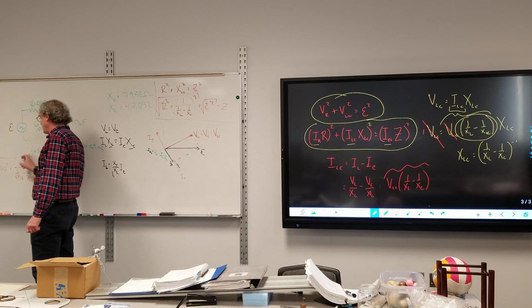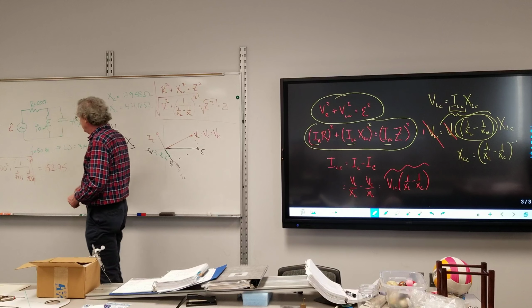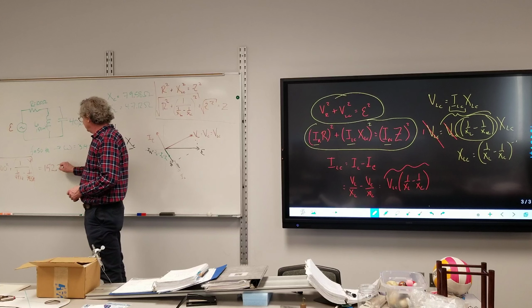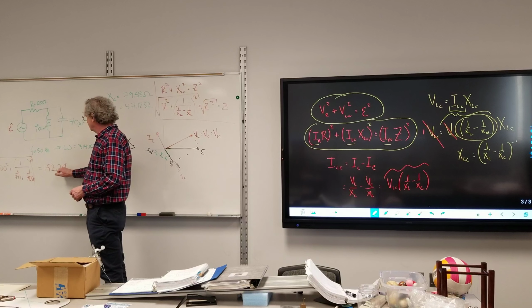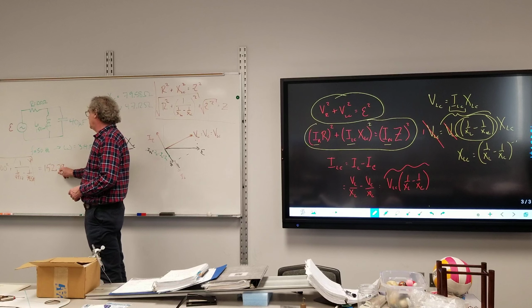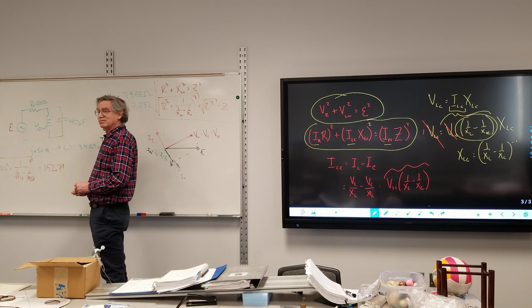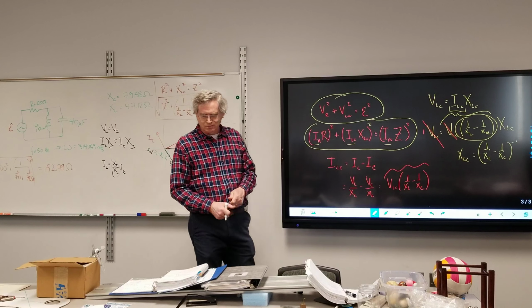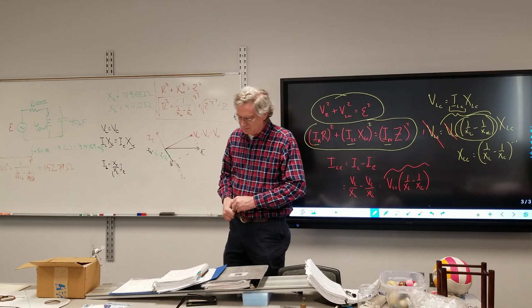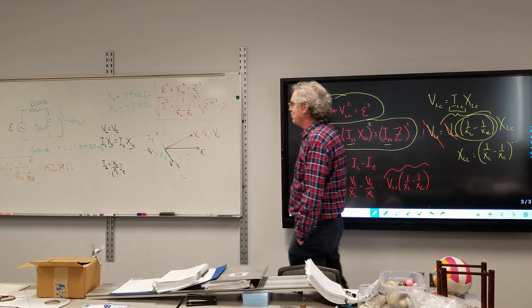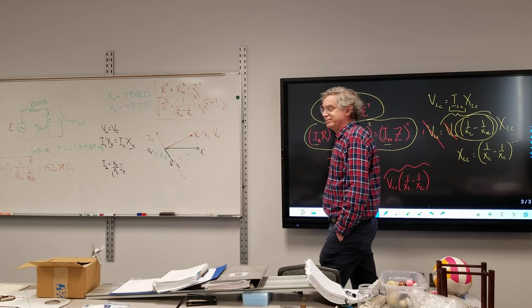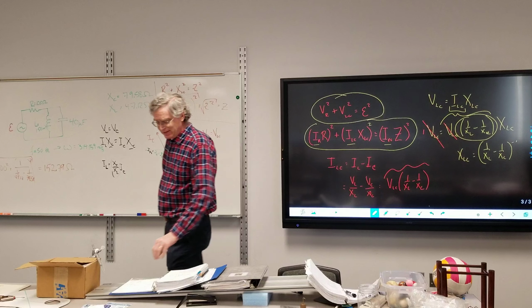Apparently, am I doing that in my head? I'm not particularly good at it. So 152.79, not 75. That's beautiful. Gorgeous. Units? Oh, yeah, there we go. Fun with AC.